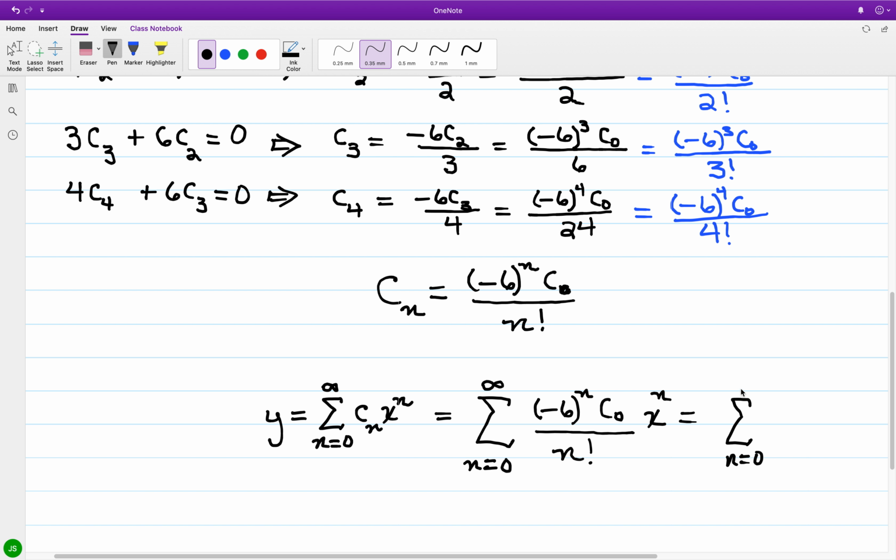What I will do here is shift the constant out to the front. So we have c naught times the summation, with negative 6 to the n times x to the n. Now we'll cluster together negative 6 times x raised to the n all over n factorial.